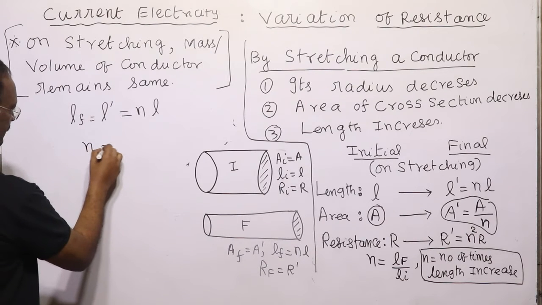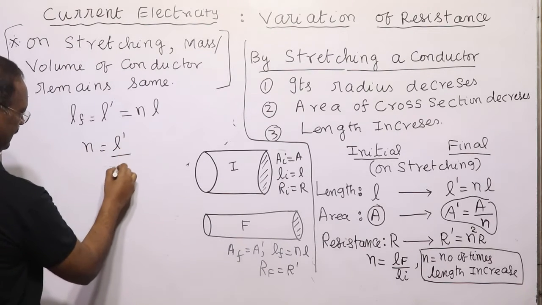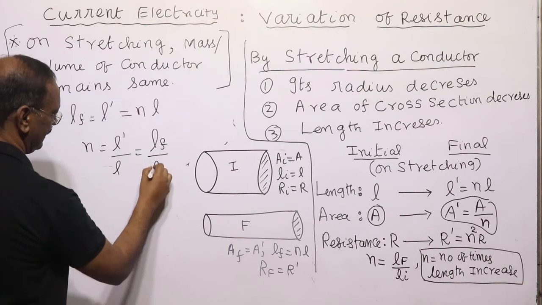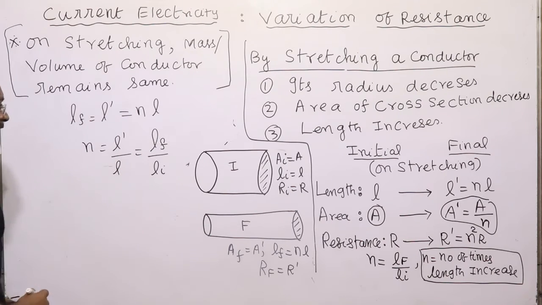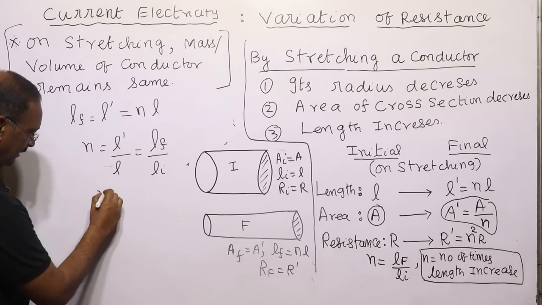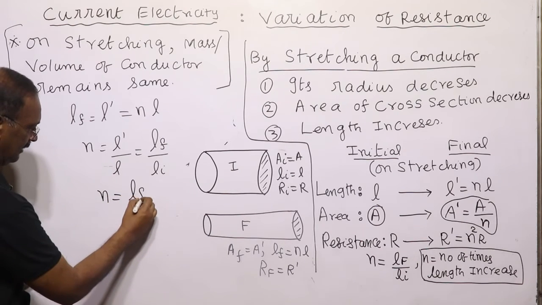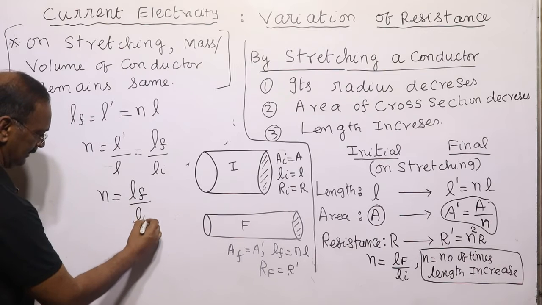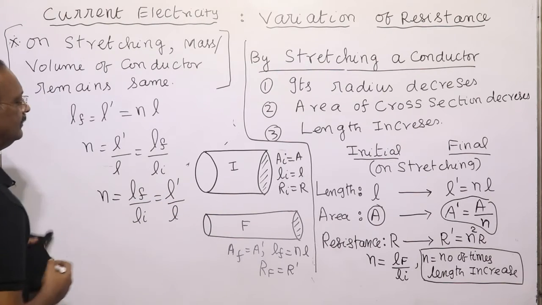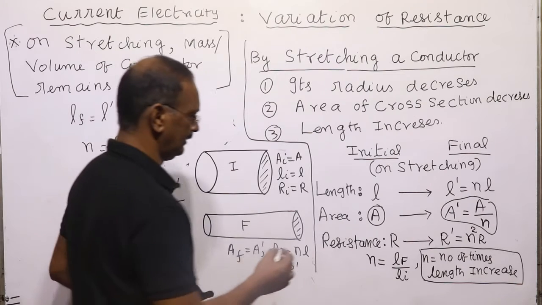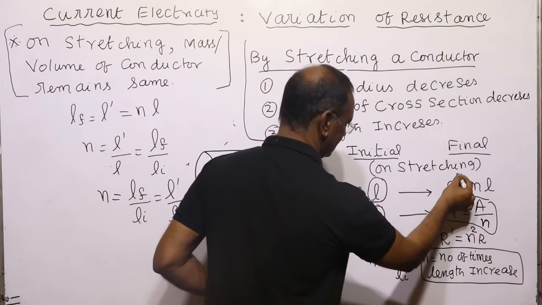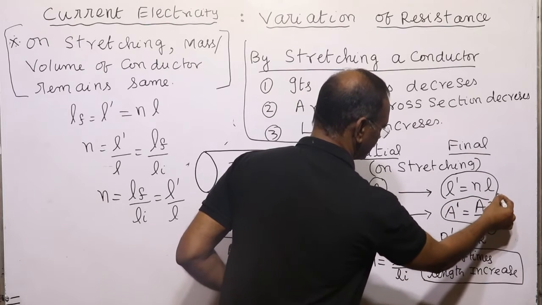Or N is equal to L dash by L, the final length divided by the initial length, where the final length is after stretching and the initial length is before stretching. So this is the length before stretching, and this is after stretching.